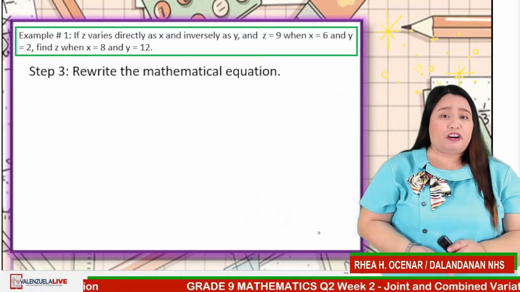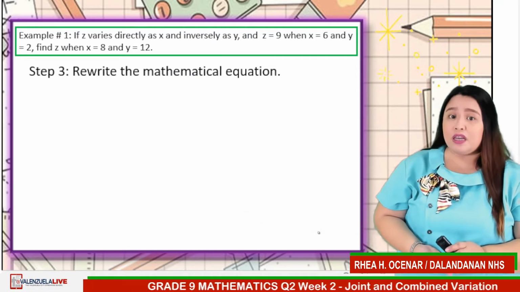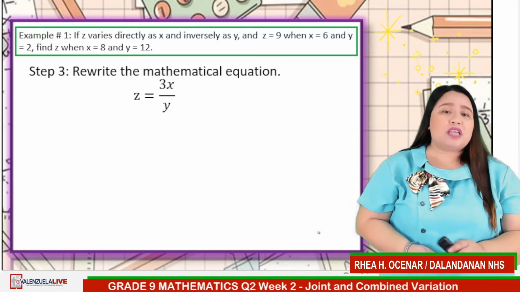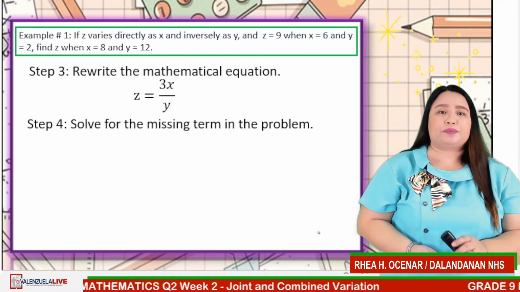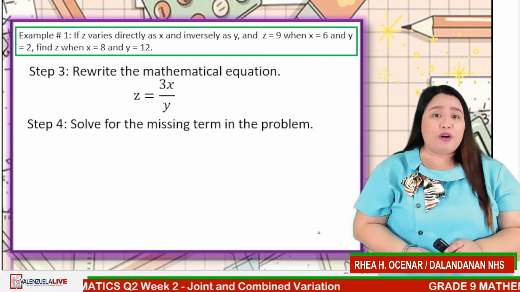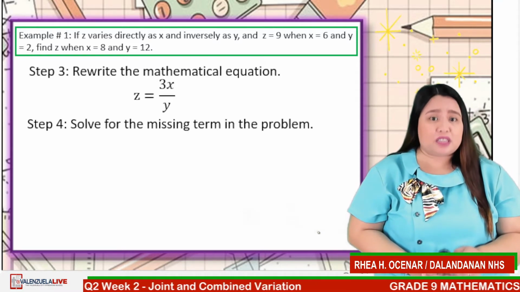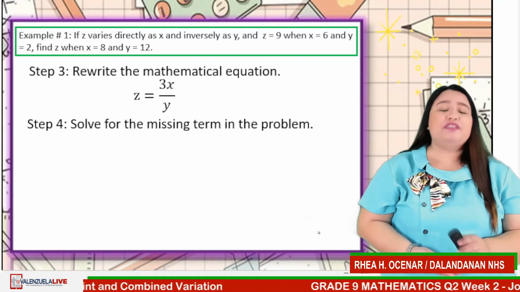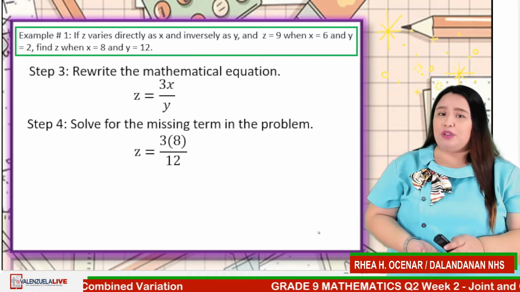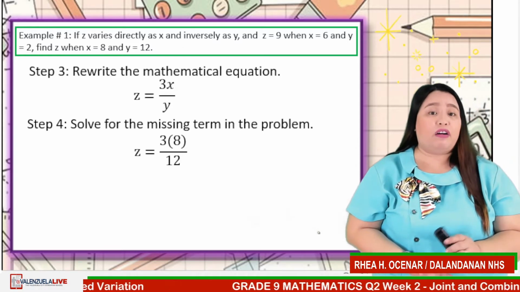Since the constant of variation is 3, we have z is equal to 3x over y. Step 4. Since we need to find z when x is 8 and y is 12, we have z is equal to 3 times 8 over 12.